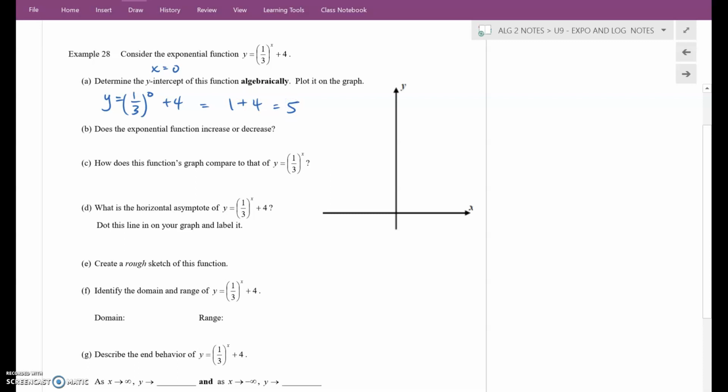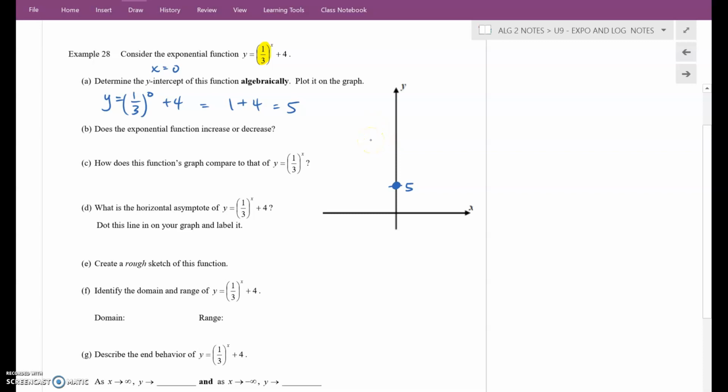Anything to the 0 power is 1. All right, so I'm going to mark that. Pretty important point on our graph, the y-intercept. Does this function increase or decrease? It's going to be a decreasing function. Remember, the key is that our base is less than 1. If the base is less than 1, it's going to decrease.